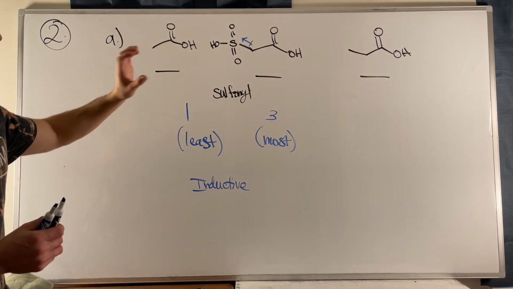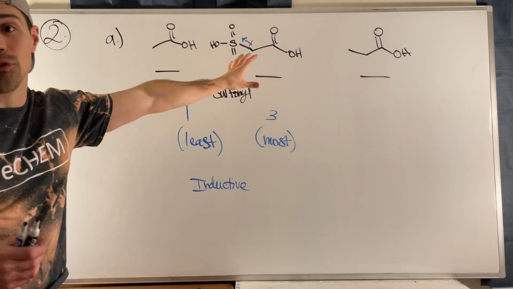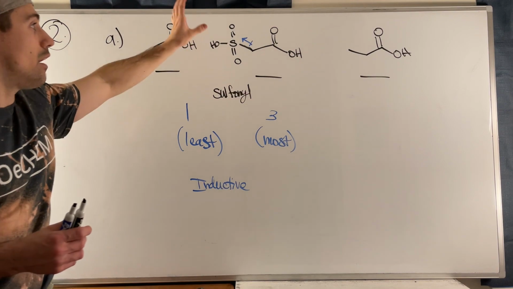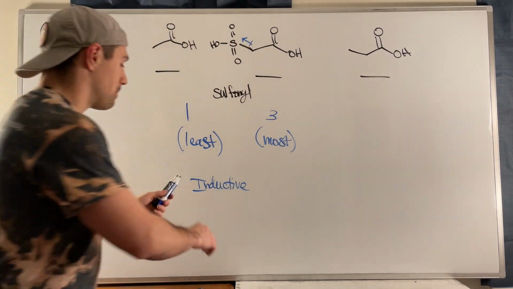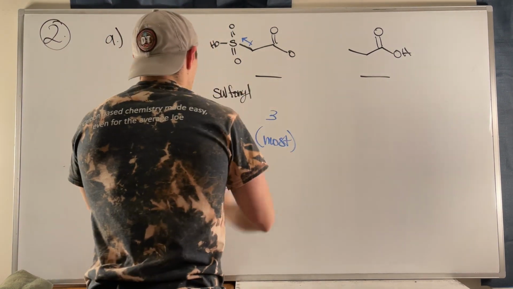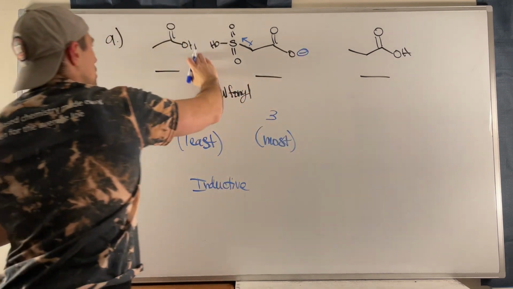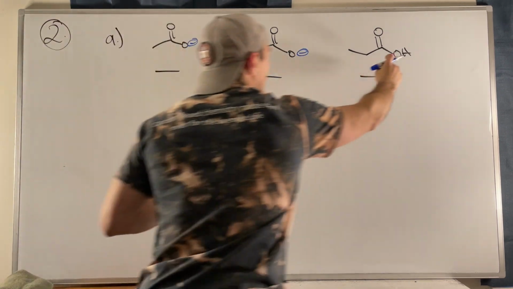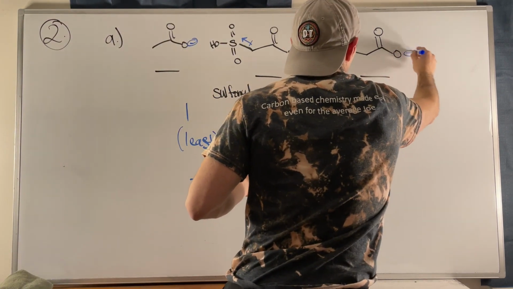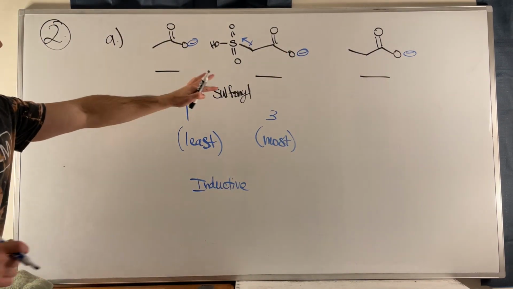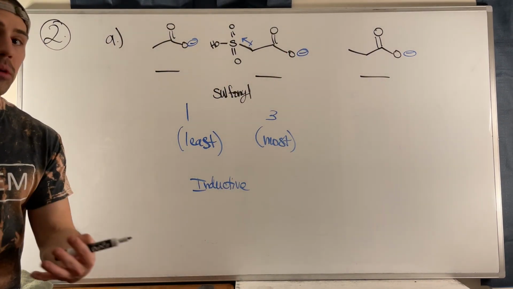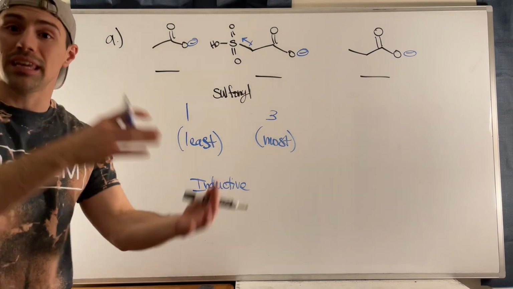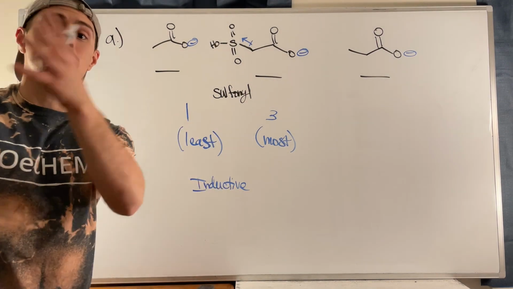So this is going to be a positive force and increase the acidity of this carboxylic acid because remember, in every situation, we will be losing this proton and having a negative charge, and we are thinking about the differences between these molecules. What will make them happier in their conjugate base state? Because if they're happier, that means they're weak and stable, which means they came from a stronger acid.